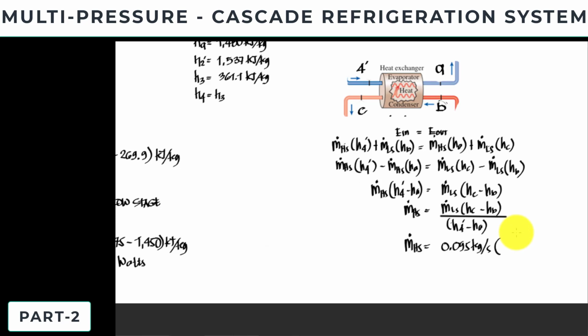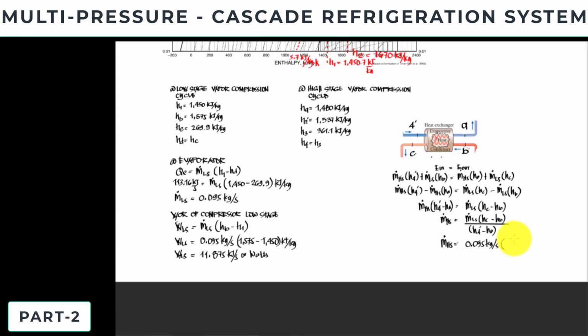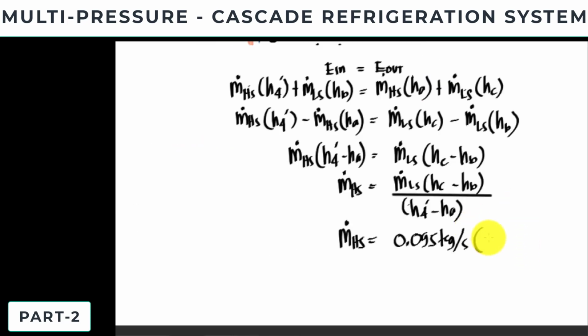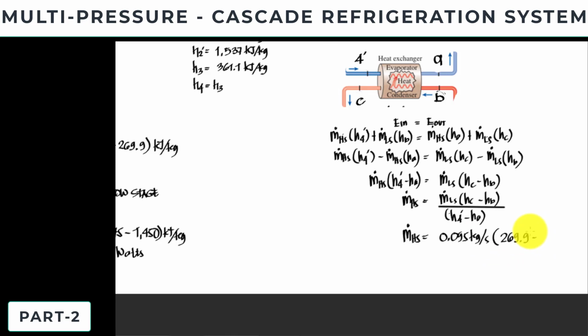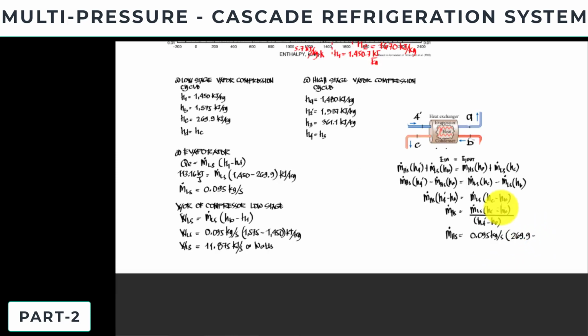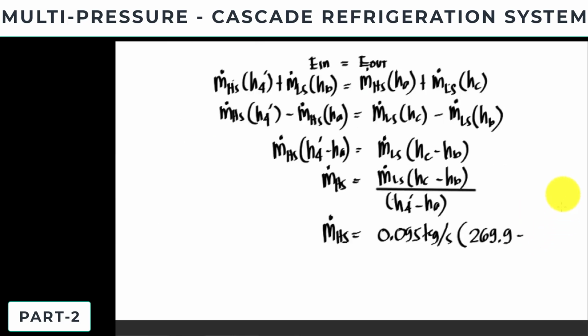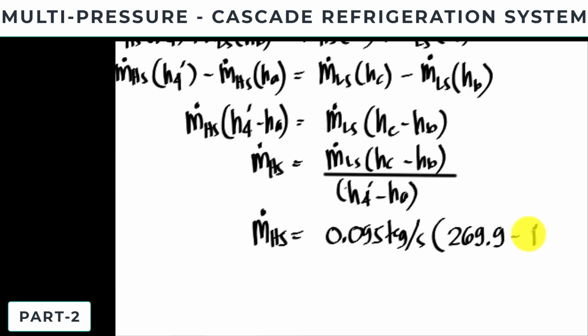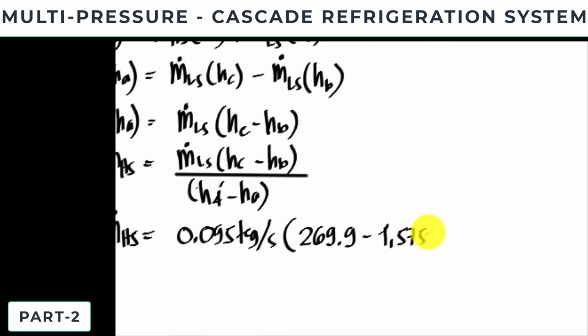Then enthalpy C is 269.9 minus enthalpy B, which is 1,575 kilojoule per kilogram.